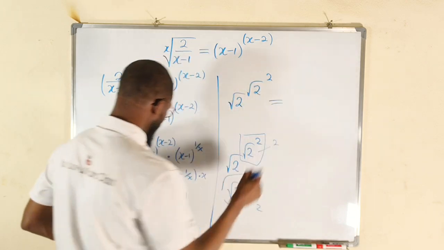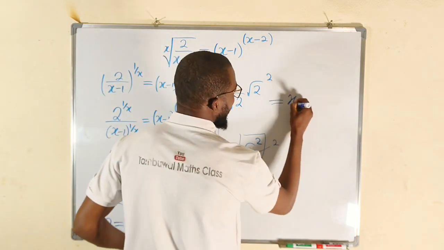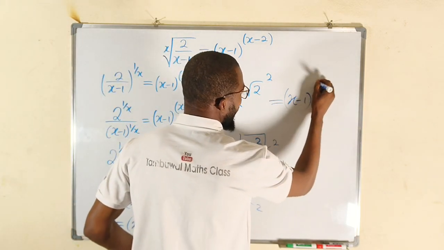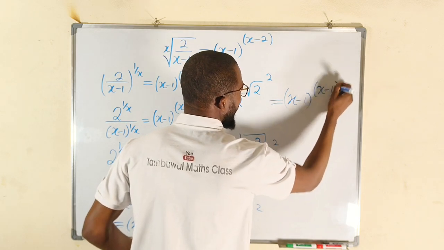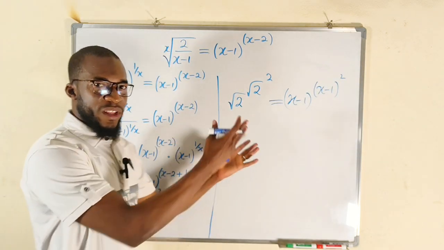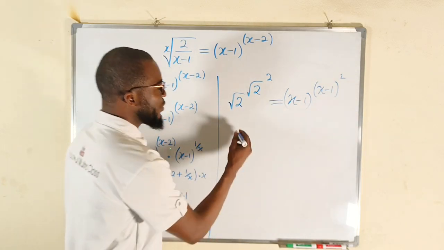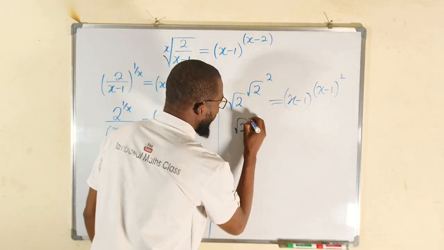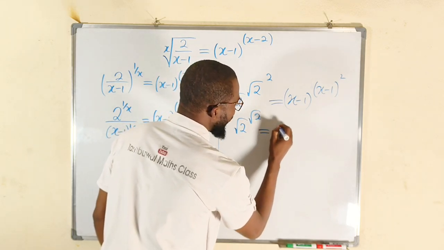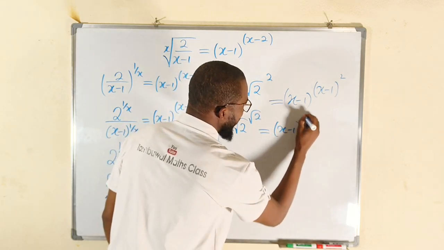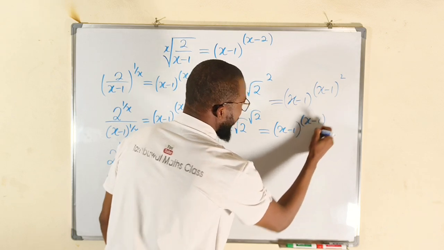This is just logical. We have x minus 1 to the power of x minus 1 to the power of 2. Just relate the terms. 2 and 2 will cancel automatically, which means root of 2 to the power of root of 2 is equal to x minus 1 raised to the power of x minus 1.